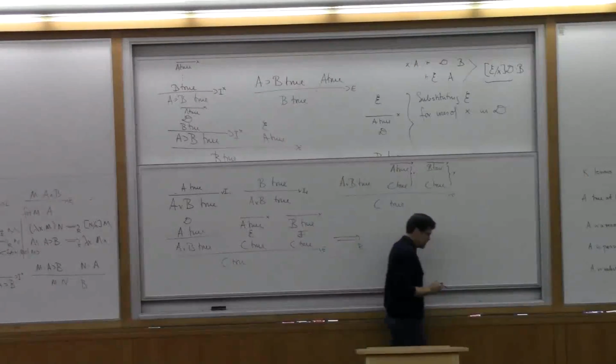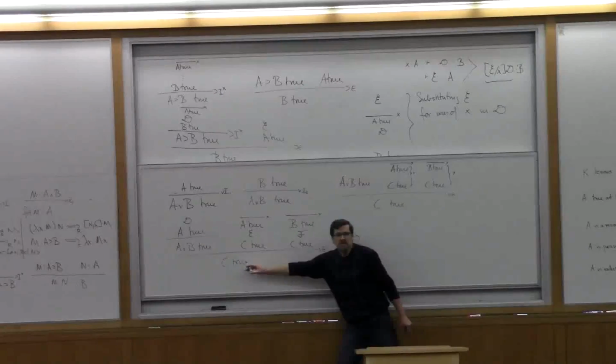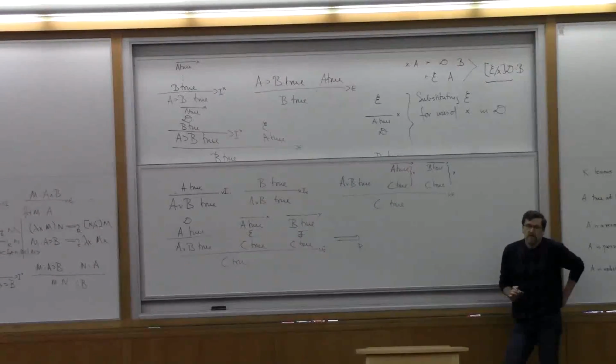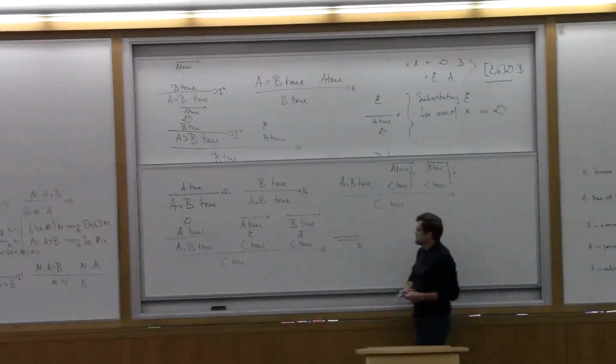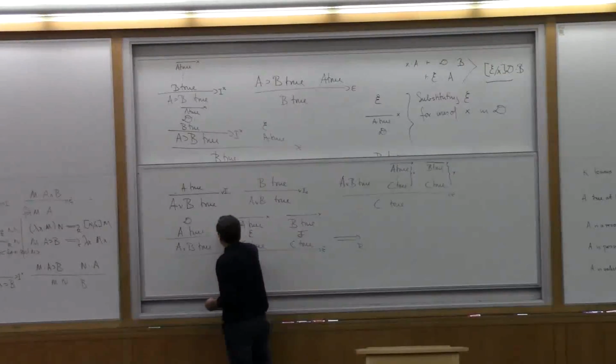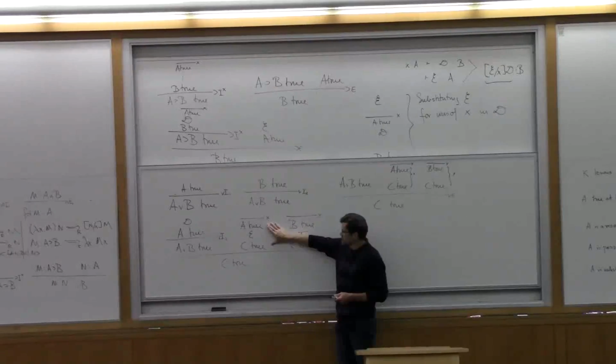If it's sound, we should be able to find a justification for C without introducing the disjunction and then eliminating again. So how do we justify C? We accounted for the case that A is true by giving this proof here, the proof for that case.